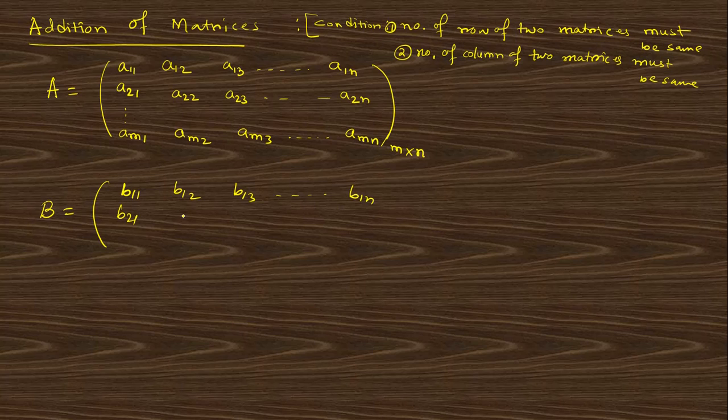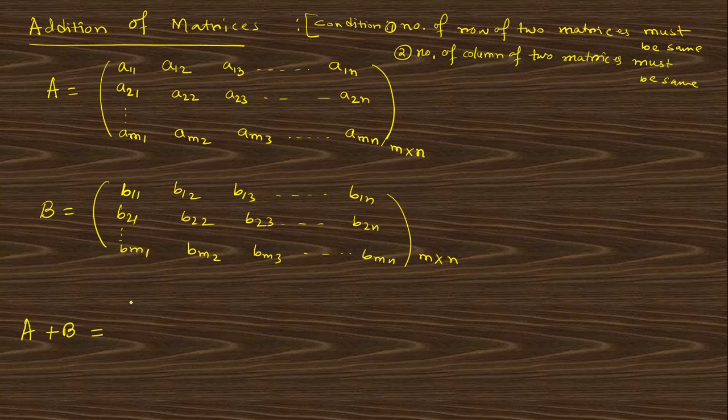This is B21, B22, B23, B2n. In such a way, this is BM1, BM2, BM3 and BMN, and the number of rows is M, number of columns is N, so the order will be M by N. Since the orders are the same, we can add these two matrices, A plus B.